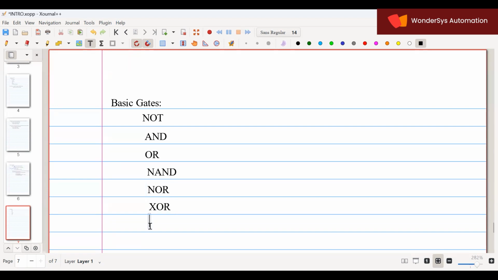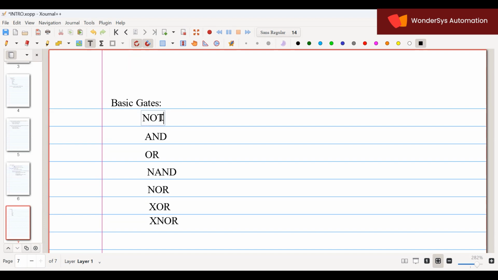Which are the universal gates here? NAND is correct. Only two universal gates are there. Which are they?